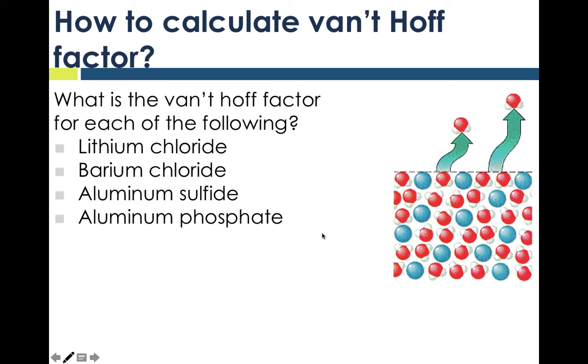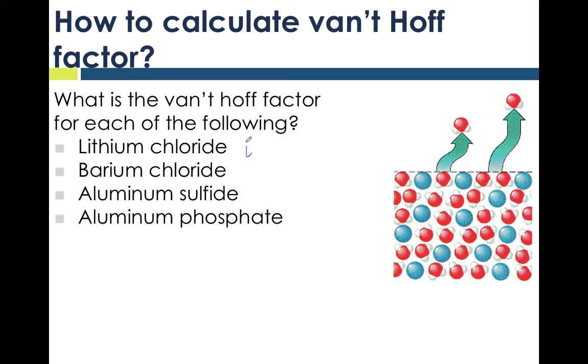Now, the Van 't Hoff factor depends on what we're dissolving in water. So let me give you a few sample calculations for Van 't Hoff factors. Like, how can you tell the Van 't Hoff factor? So I'm going to take 4 different salts. We're going to do lithium chloride, barium chloride, aluminum sulfide, and aluminum phosphate. And we're going to find the Van 't Hoff factor for each and every one of these. We're going to represent the Van 't Hoff factor using the letter i.